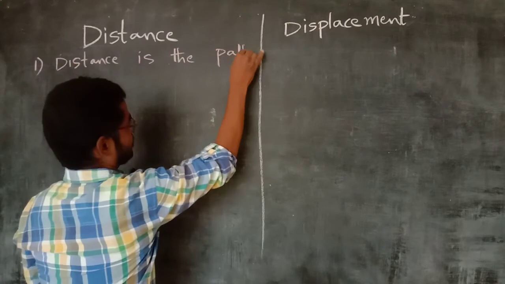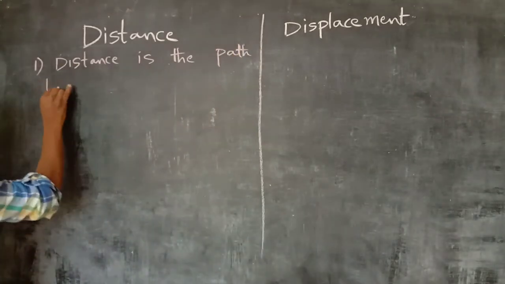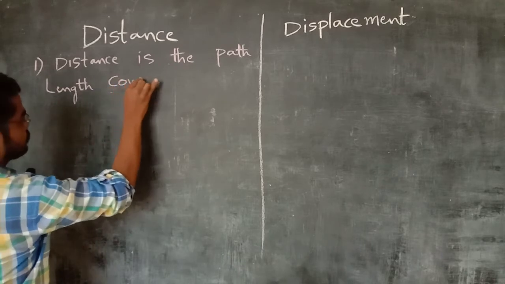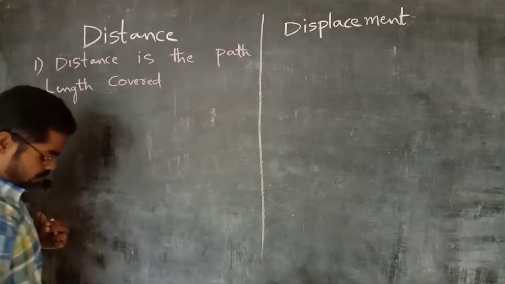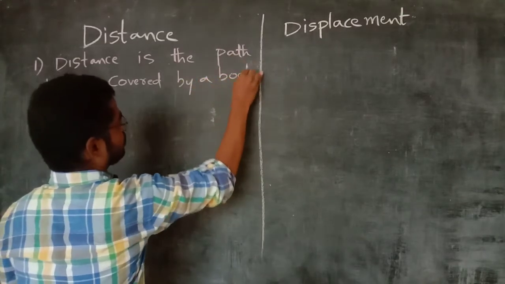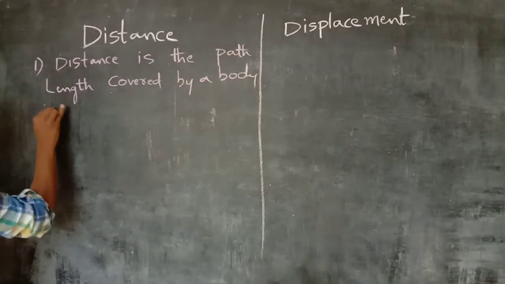Distance is the path length covered by a body in a given time interval.